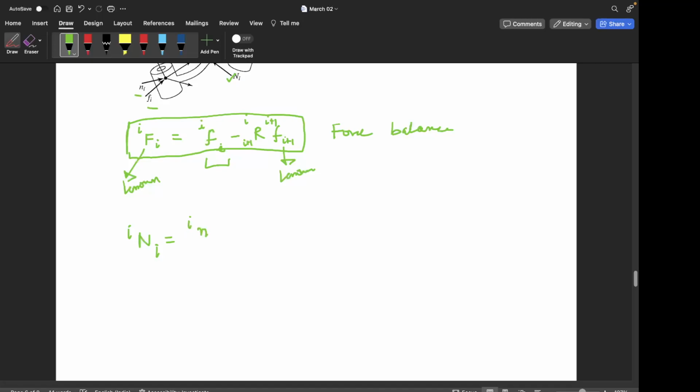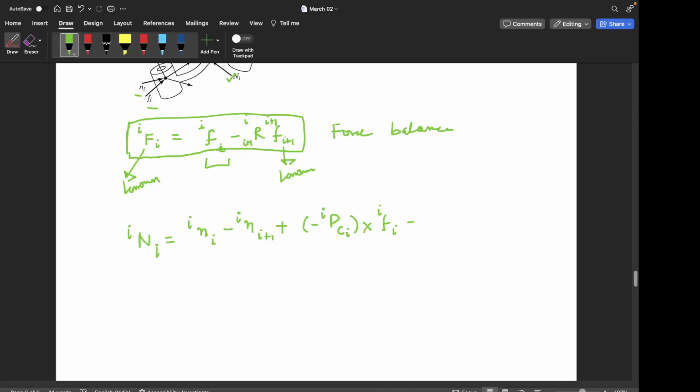This is the torque at the ith joint, the reaction torque at the i plus 1th joint, then the torque due to force Fi, since n is for the center of mass, so we have to take the position vector up to the center of mass.